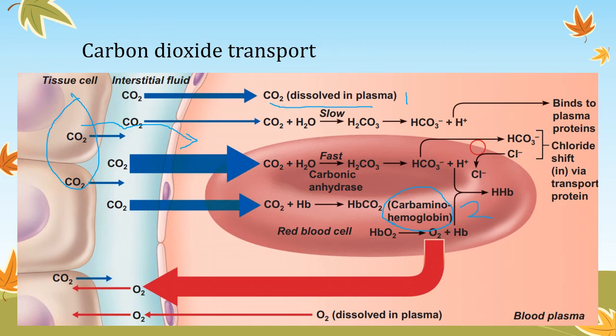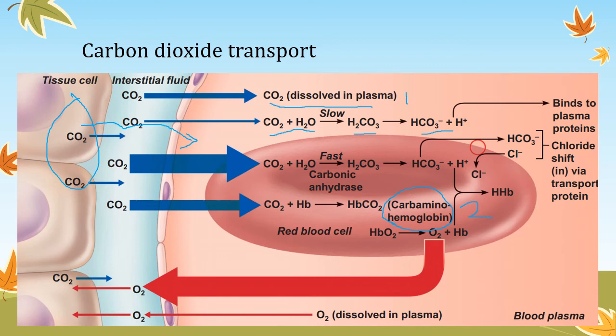In the blood you have red blood cells and the plasma. Carbon dioxide combines with water and becomes carbonic acid. Carbonic acid is unstable and dissociates into bicarbonate and a hydrogen ion.